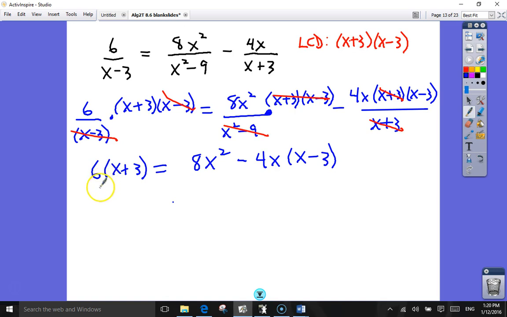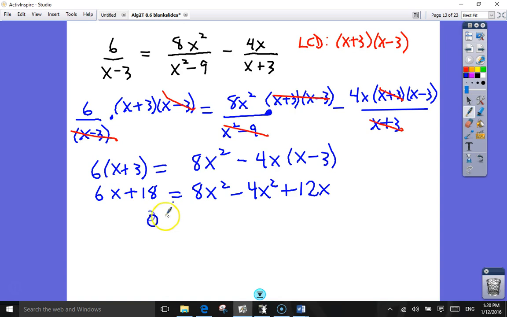Right, so that is 6x plus 18 equals 8x squared minus 4x squared plus 12x. Now we subtract the 6x and the 18 to the other side. 0 equals 4x squared, because I combined the like terms here. 6x onto this side will give me plus 6x. And 18 to this side is minus 18.